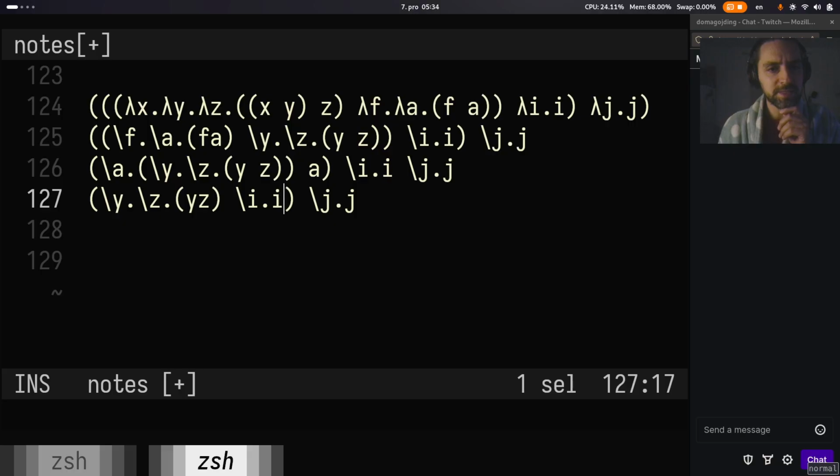But now you could say, if we substituted the lambda i with the lambda a, lambda j, we could substitute now lambda j with the y. So we get lambda z dot, and y will be lambda j dot j z. Right?